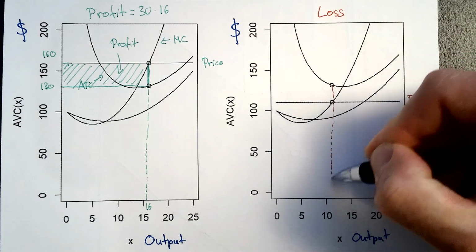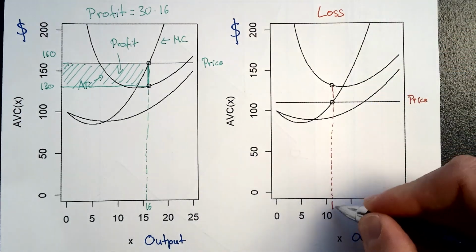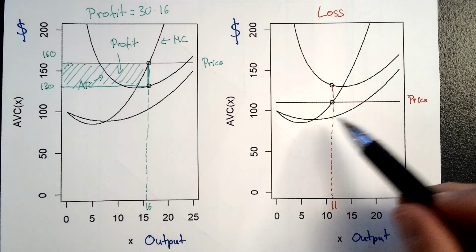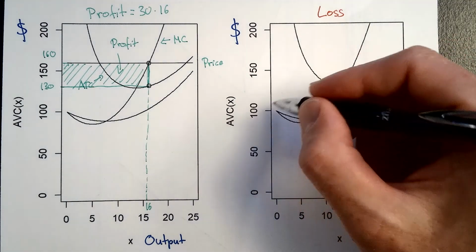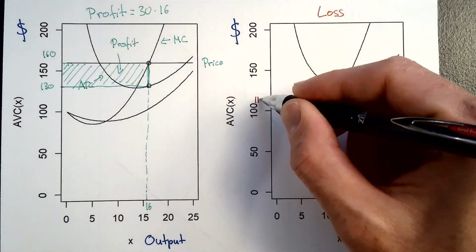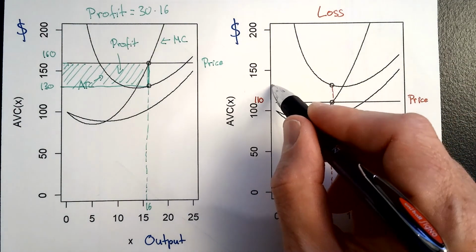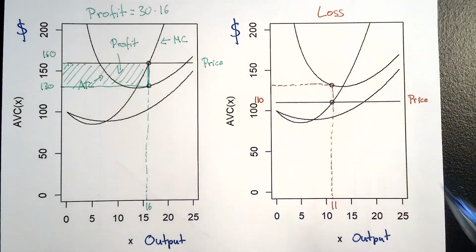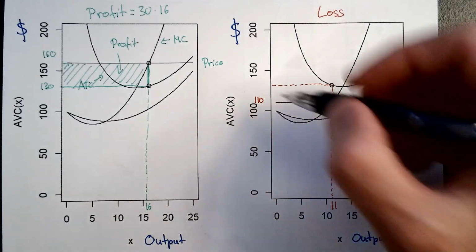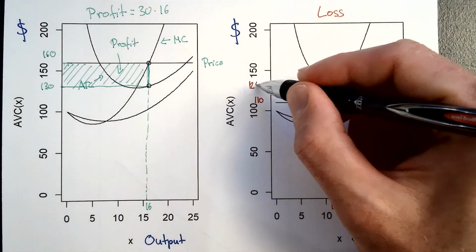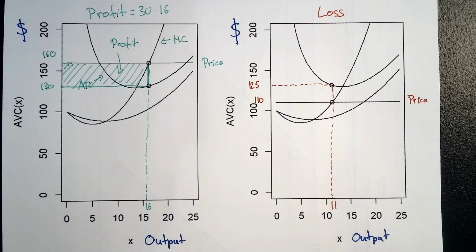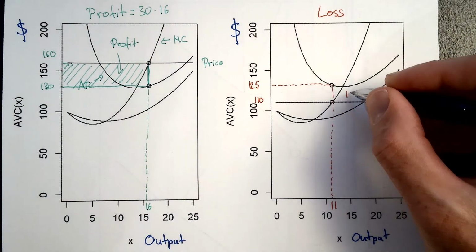So here the firm is producing, say, 11 units, but the price it receives is, say, $110, whereas the per unit cost here is, say, $125. So the firm is making a per unit loss of $15.